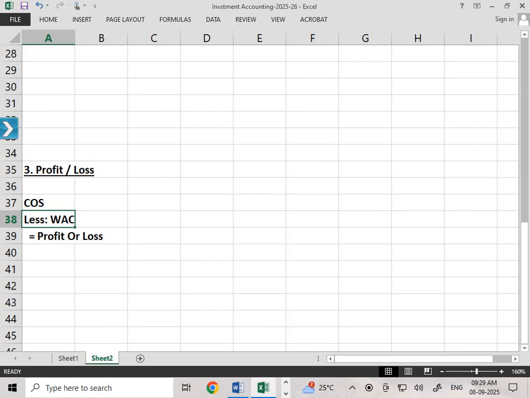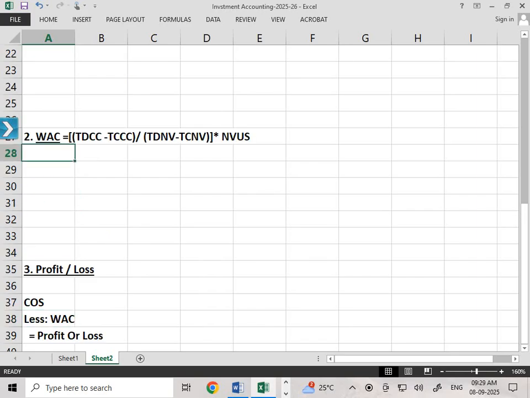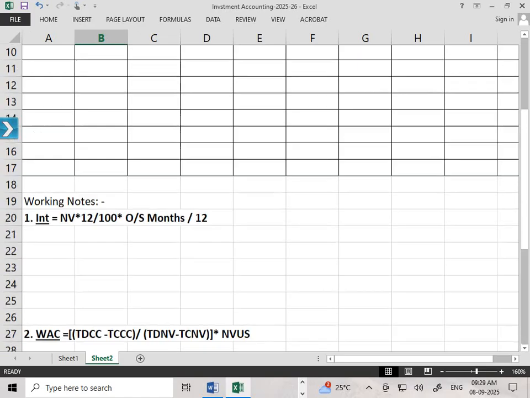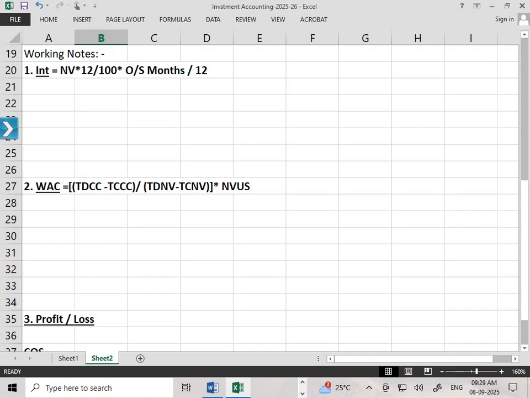From that we deduct the weighted average cost, which has been calculated, to find out profit or loss. If the sales price is more than the weighted average cost, then it is a profit, otherwise it is a loss. So these basic 3 formulas are very important to solve problems on investment accounting.